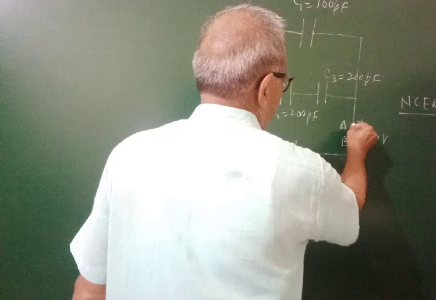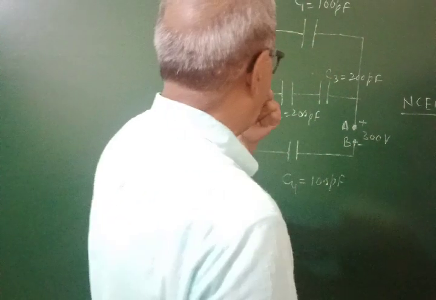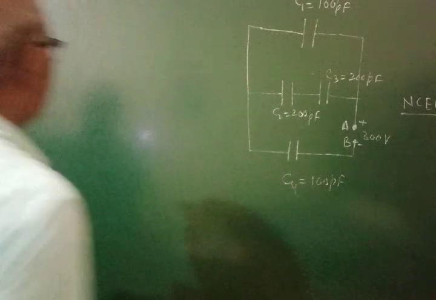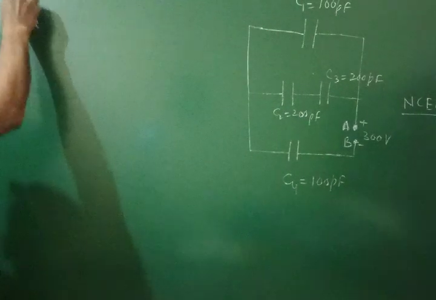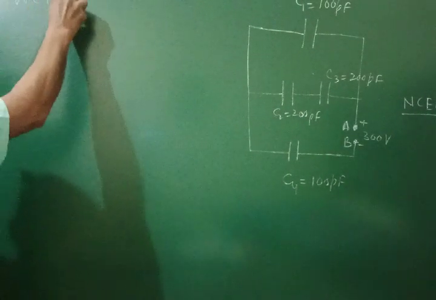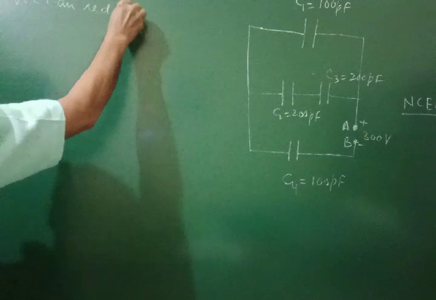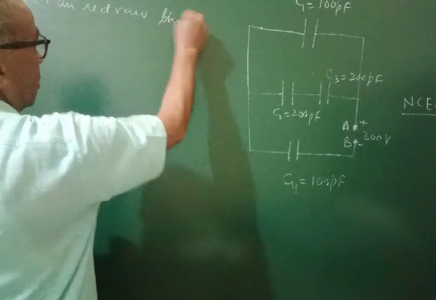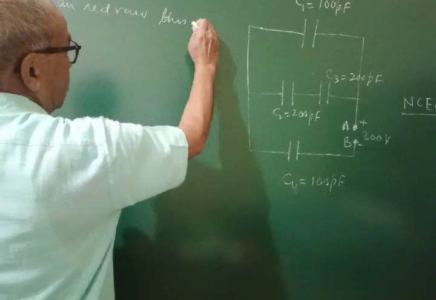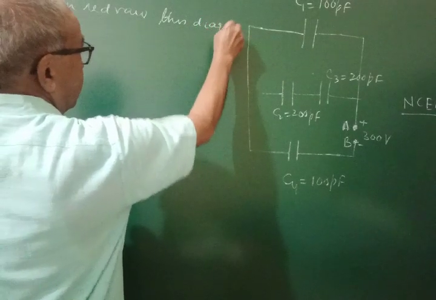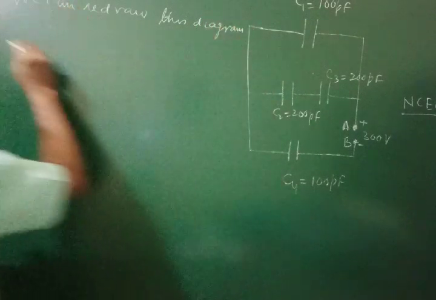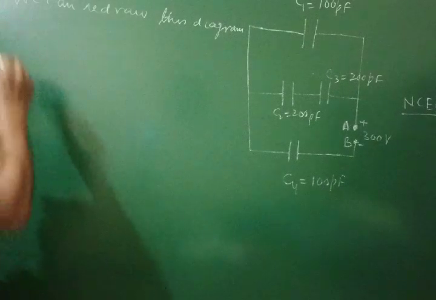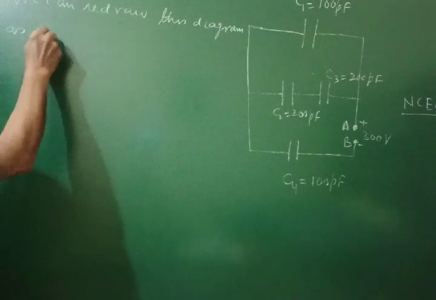When we see at first glance, it appears that this is in series and three are in parallel, but this is not the case. Actually we can redraw this diagram as below.